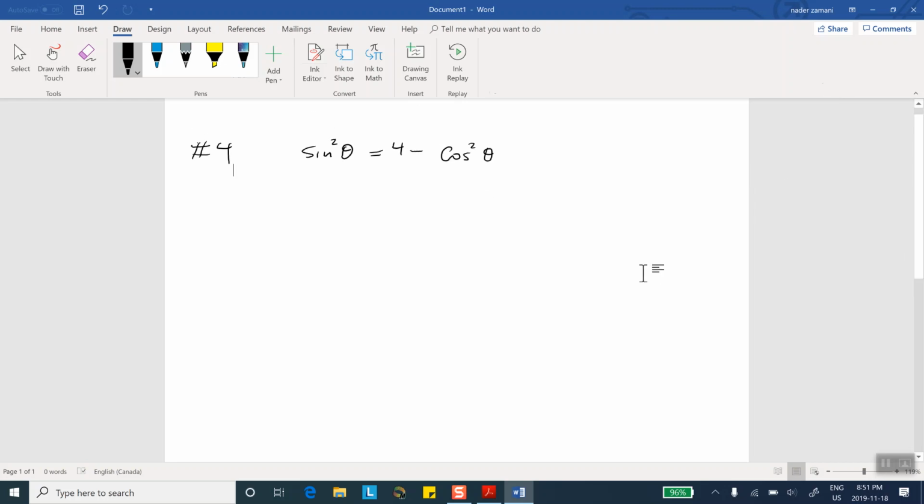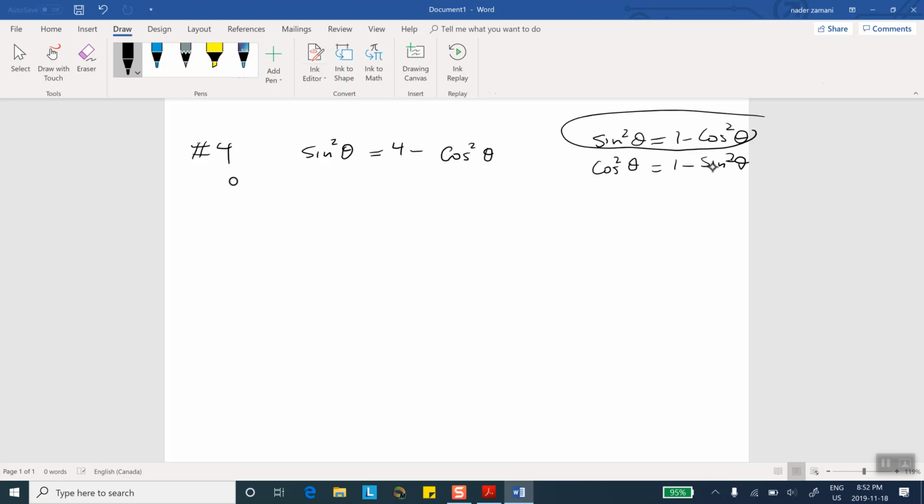Okay, so first of all, remember that sine squared is 1 minus cosine squared, or by the way, cosine squared is 1 minus sine squared. I can use either one of these to get rid of the other one. So let's say that I use this. I'm not going to use that one. So it's going to be 1 minus cosine squared theta equal to 4 minus cosine squared theta.